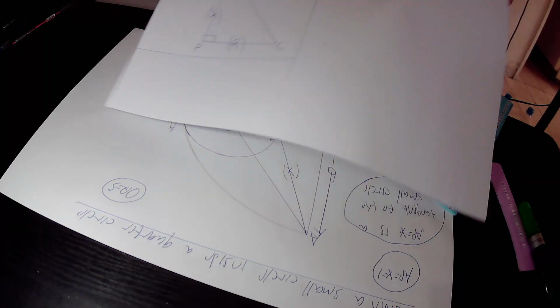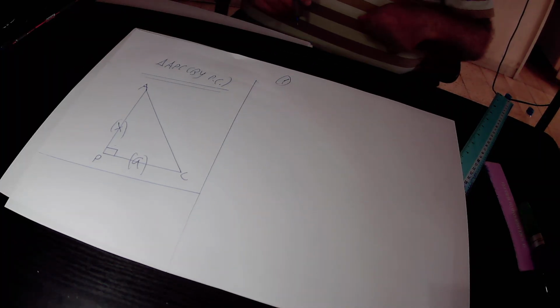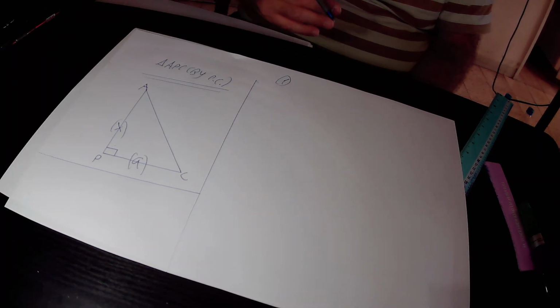So actually, this is the right triangle APC that I copied from the original domain.